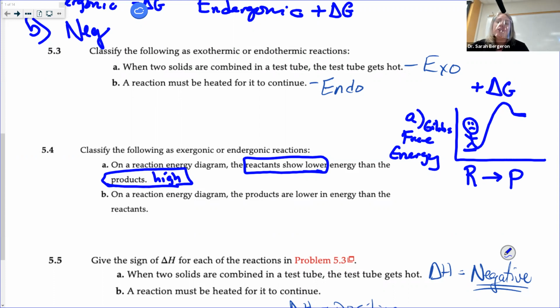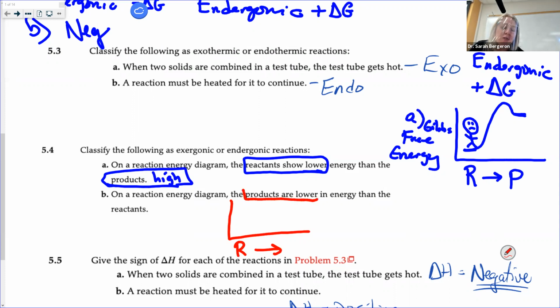Am I exergonic or endergonic? Endergonic. Y'all with me on this? All right, so let's do the next one. On a reaction energy diagram, here's another one. We're going from reactants to products.